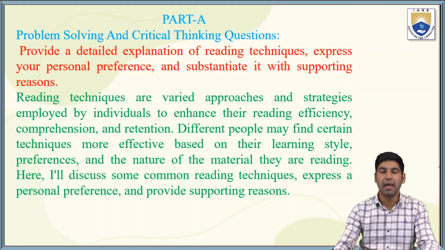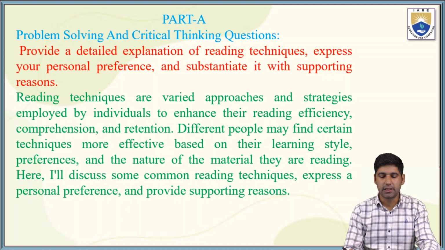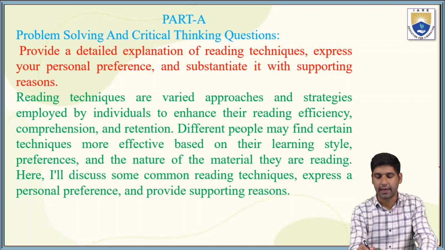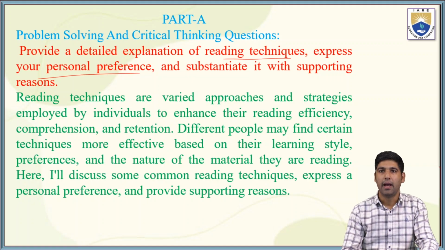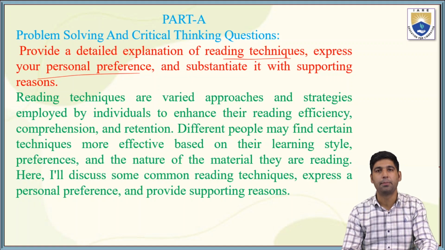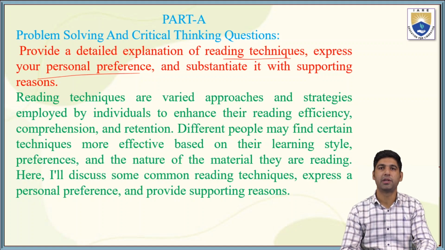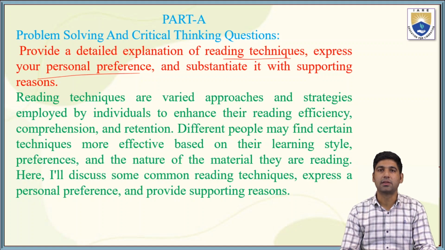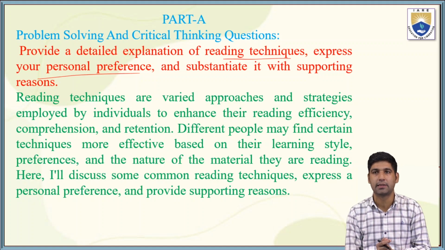In your examination, questions may come like this in this category: provide a detailed explanation of reading techniques, express your personal preference, and substantiate with supporting reasons. If you focus on the question, it asks you to provide a detailed explanation of reading techniques.